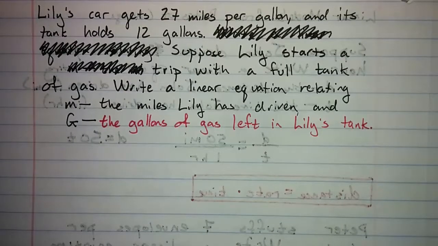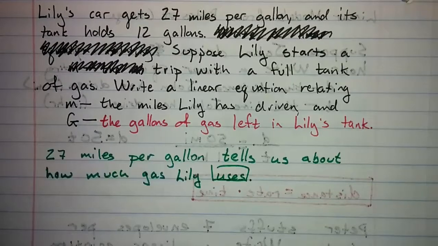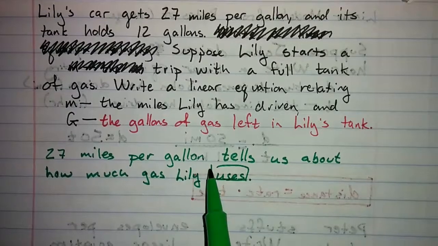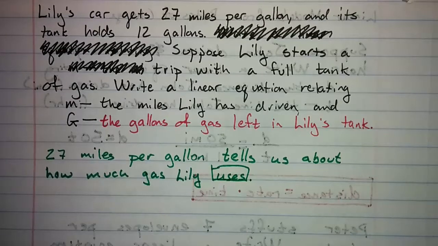So, in solving a problem like this, we wouldn't necessarily write out all of these details every time. But we are allowed to write out as many details as we'd like to help us understand the situation. The first fact that occurs to us is 27 miles per gallon tells us about how much gas Lily uses, not how much she has left.